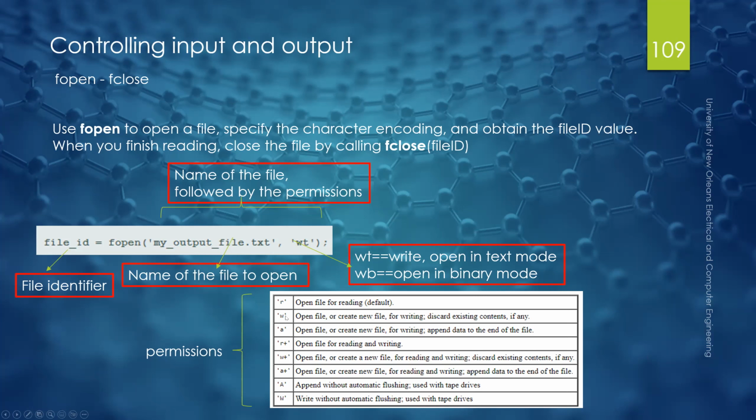W basically does the same thing as WT. It opens a new file for writing, but it's going to discard anything that is in it if you have something in it already. R plus is going to open a file for reading and writing and so forth. And you can see those are the most commonly used ones that I use, R and W, for reading or writing to the file. Okay. Some files you want protected, right? You don't want to write to them, you just want to read them and so forth. So we're going to look at a couple examples in just a minute.